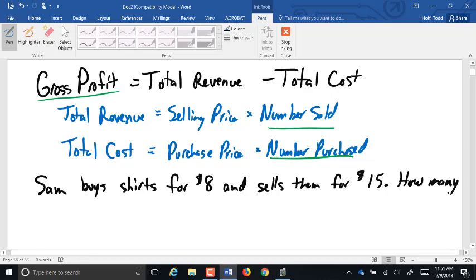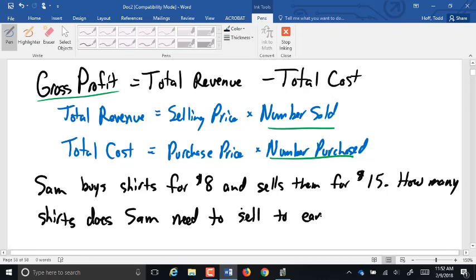How many shirts does Sam need to sell to earn a gross profit of $371?